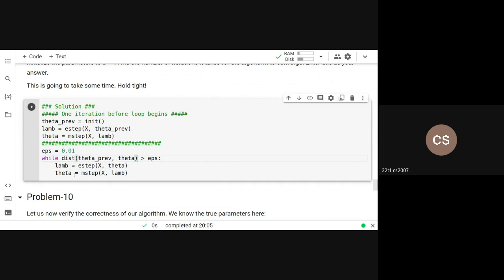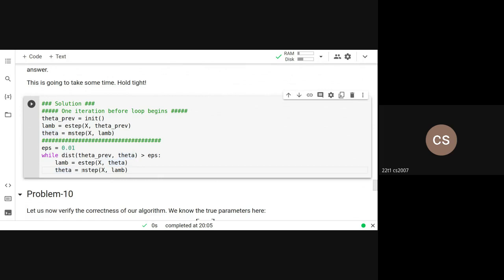Is this clear to everyone? At least clear to those who are following? Yes, sir. Okay, so there's one small catch here. I need to update theta previous also. If I use the current value of theta, I will get the new theta.